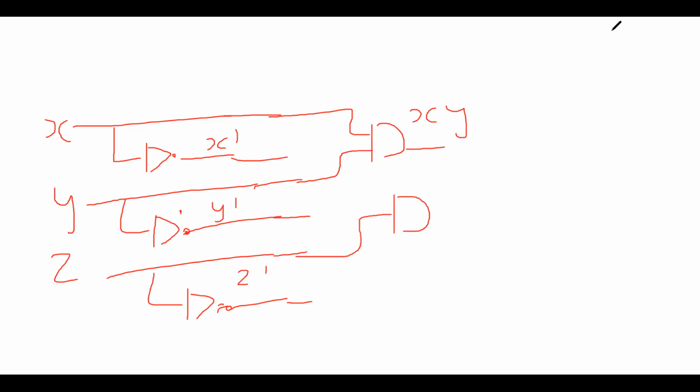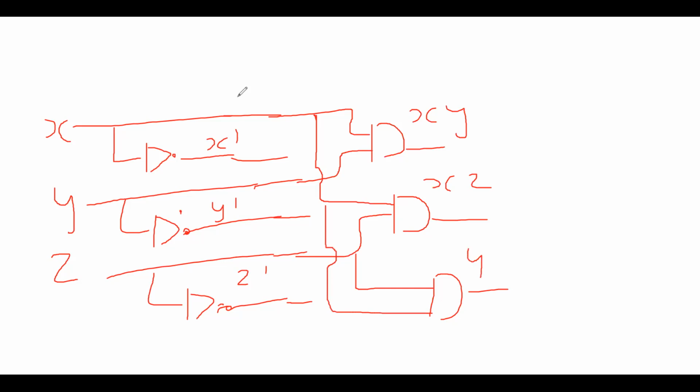I gave z and made a jumper connection here. So here I get xz and the next one is yz. So y and from here a jumper. So this gives me yz.